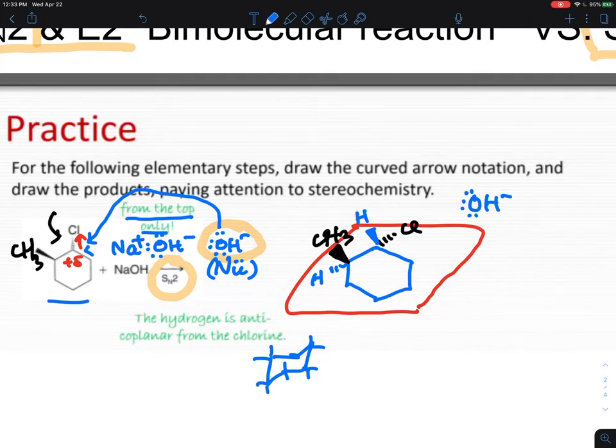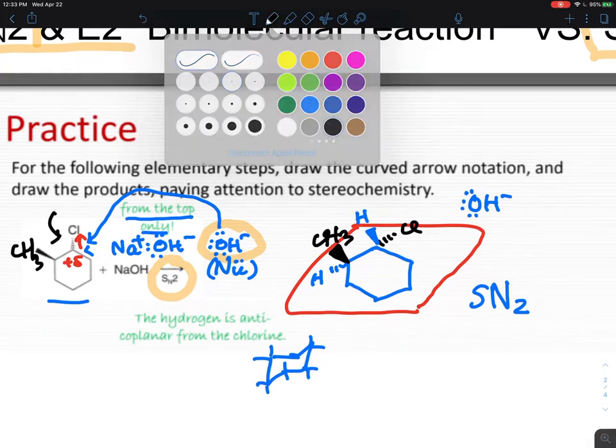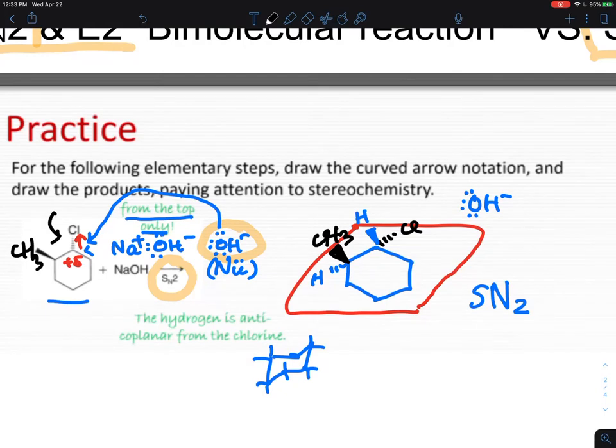Having said this, what's going to happen is you have an OH minus ion trying to do the reaction, and this one says SN2. It means this molecule and the OH minus nucleophile have to react together at the same time. Therefore the chlorine is on the other side, moving away, lying down onto the opposite side of the plane.